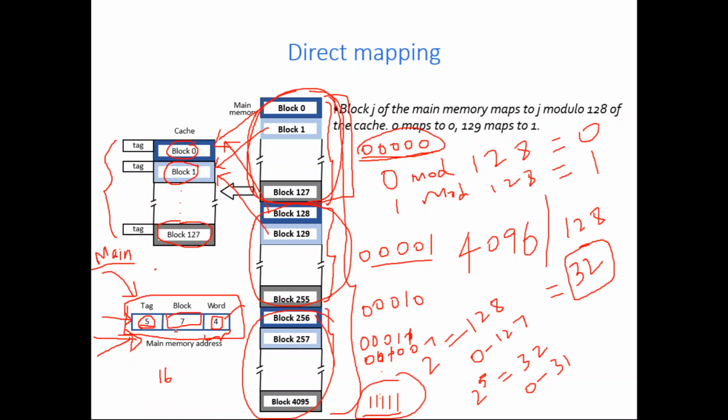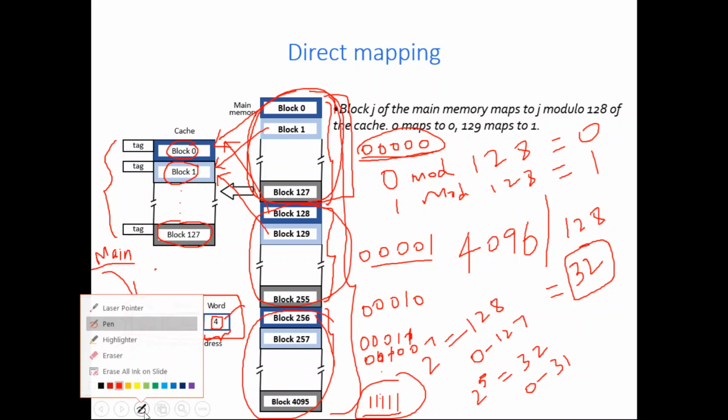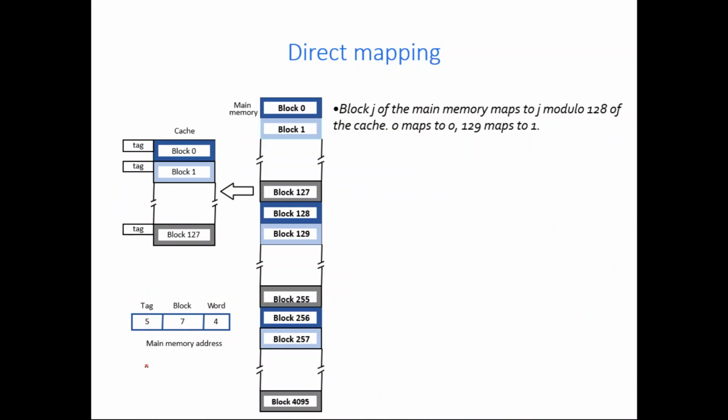Now this is the address given. The address contains how many bits? 16 bits. Now you know that this particular 7 bit field, if you count from the most significant bit position, is the 6th to 12th bit.